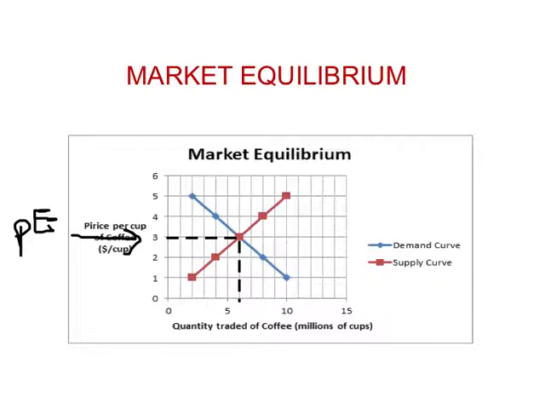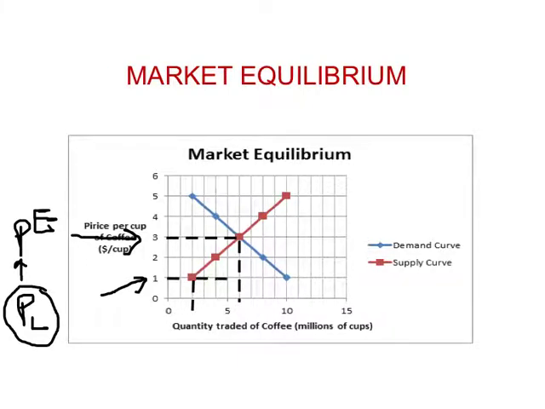In the previous table, we had also examined the case, suppose Starbucks initially sets a price of $1 per cup, and we know, based on our determination of equilibrium price, that a price of $1 per cup, which we can call PL, or lower price, is lower than the equilibrium price. And at this price, how much is quantity supplied by Starbucks? It is 2 million cups.